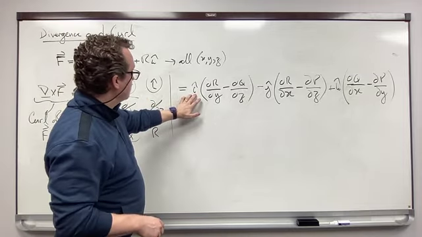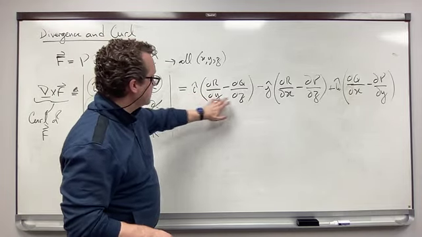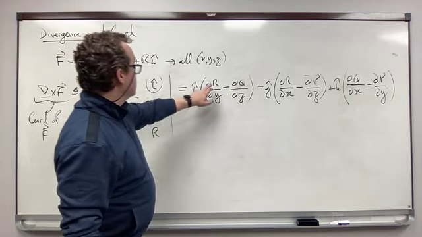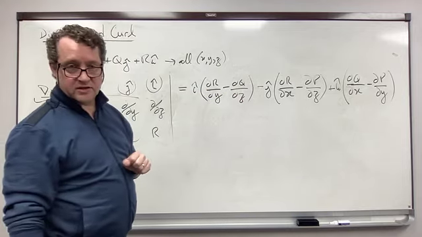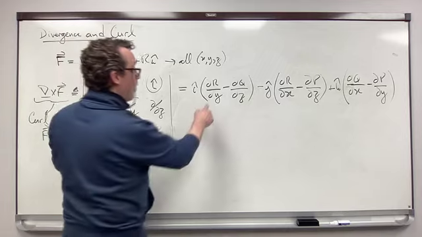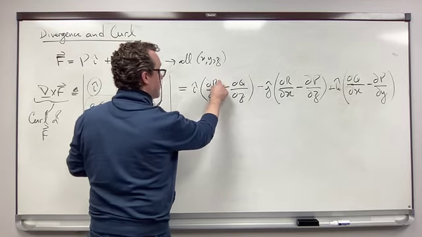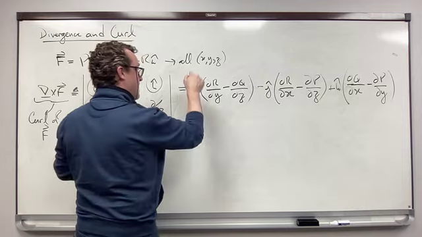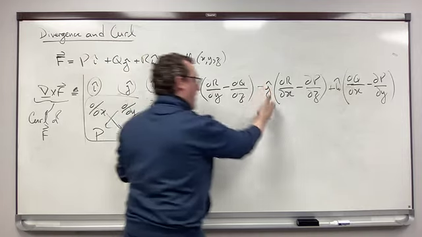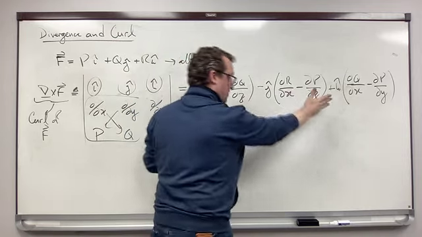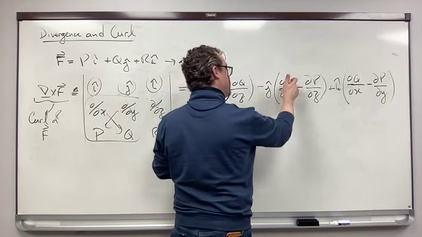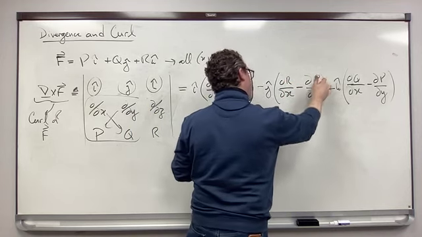So the x component of curl has no ∂/∂x in it. It's all y and z, and only has the z and y components of the original vector, and they're mixed. You take the y derivative of the z component and the z derivative of the y component. That gives you the x component of curl. The y component of curl does not involve partials with y. It's only the partial of the z component with x and the partial of the y component with z.